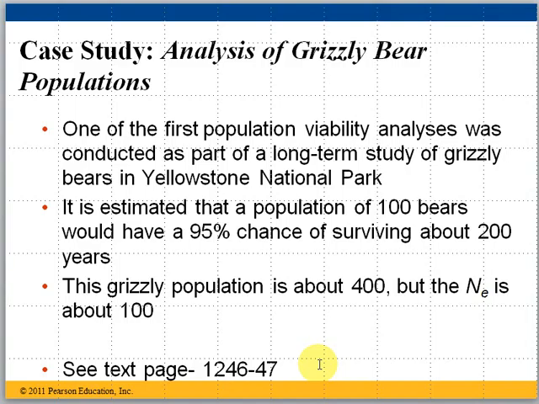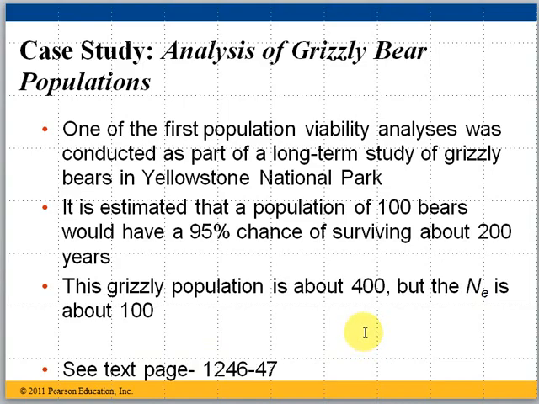So the conservation biologists said, okay, within Yellowstone National Park there's a population total of about 400 grizzly bears, but only about a quarter of those are actually breeding males and females, and so they felt that there's a 95% chance of the species surviving at least 200 years with that population. You can look at your textbook pages 1246 and 1247 to see further details.